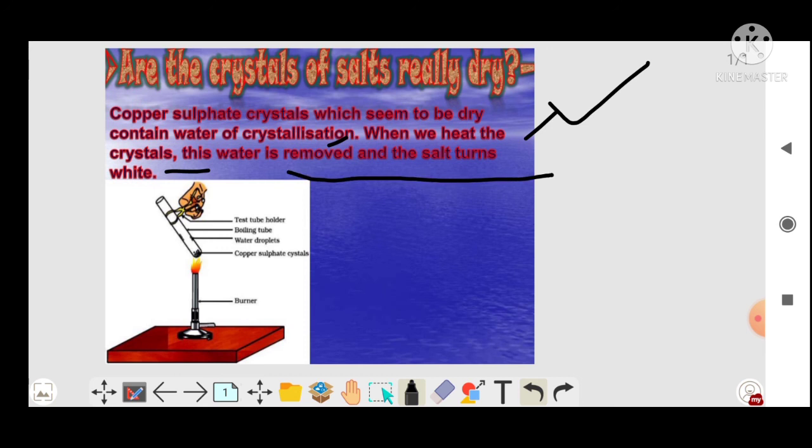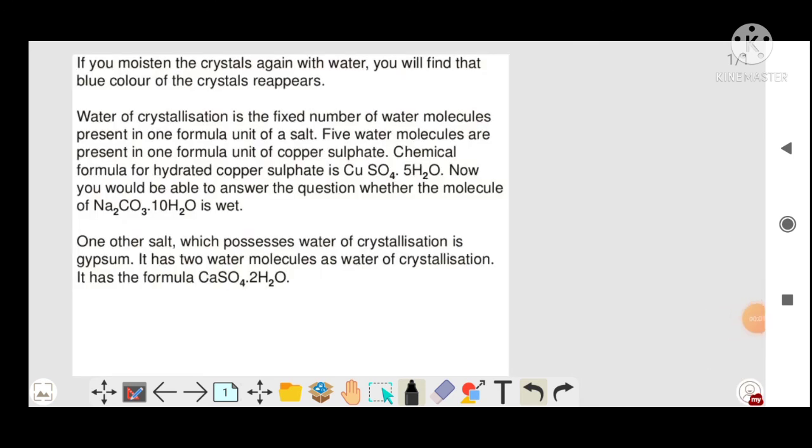This is the test: copper sulfate crystals in a test tube are heated with the help of a burner, water is removed from the copper sulfate, and the salt turns white. Now, if you moisten the crystals again with water, you will find that the blue color of the crystal reappears. Now let's discuss what water of crystallization is.